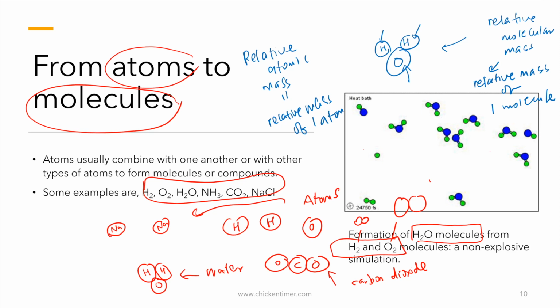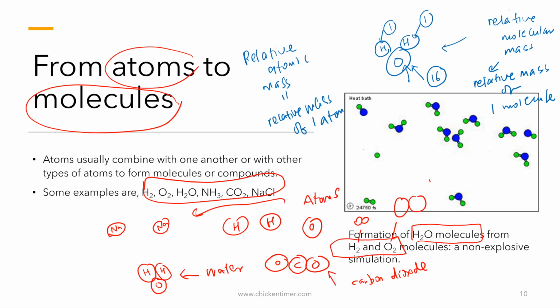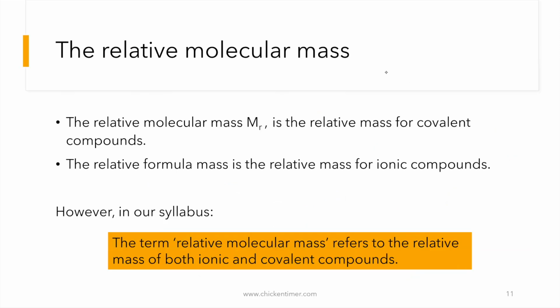If you go to the periodic table, you will find hydrogen is 1 and oxygen is 16. So the relative molecular mass of water will be 1 plus 1 plus 16 equals 18.